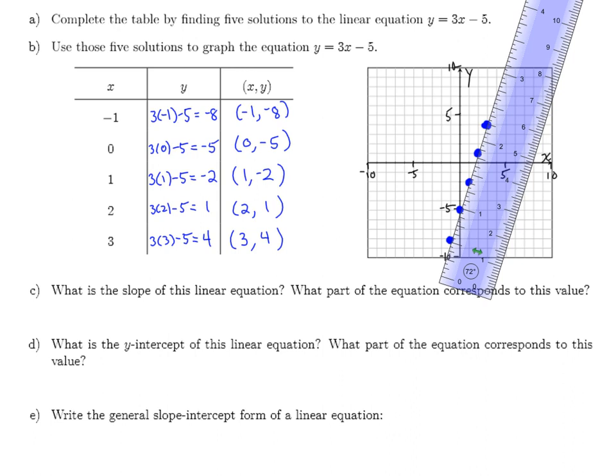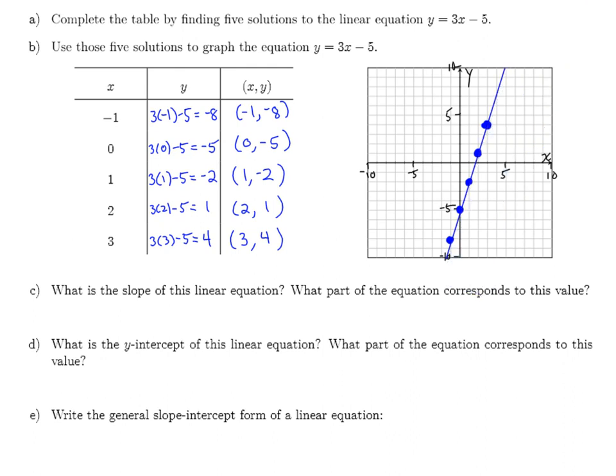So I've grabbed my ruler and I've lined it up with these points, and now I'll connect them. Now I'll put arrows on the ends to show that this continues on indefinitely.